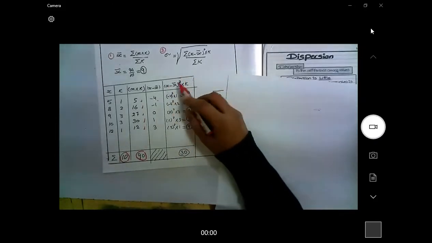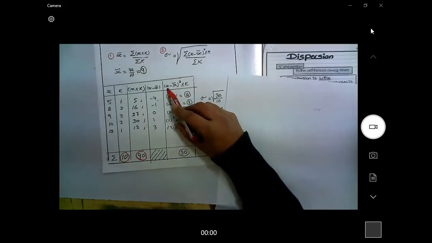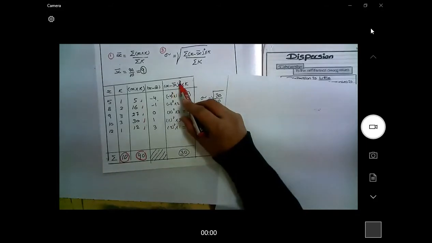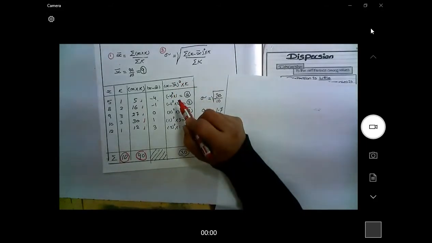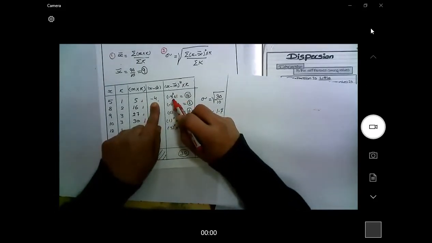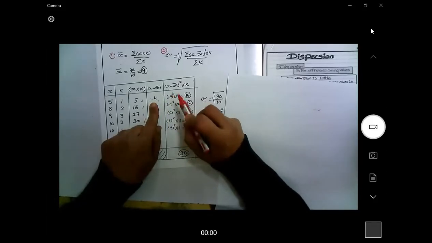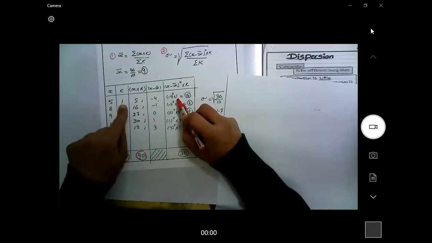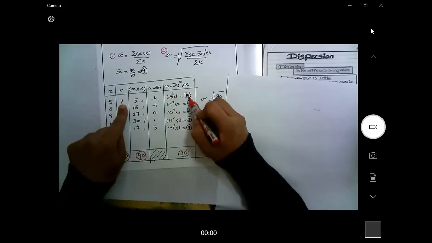The last column is x minus x dash all to the power 2 multiplied by k. Then we will square negative 4. Negative 4 squared times 1 equals 16.